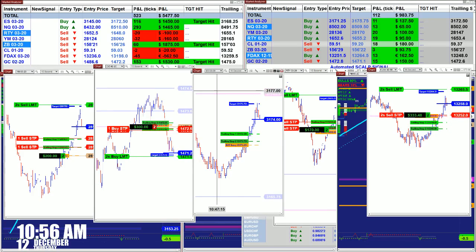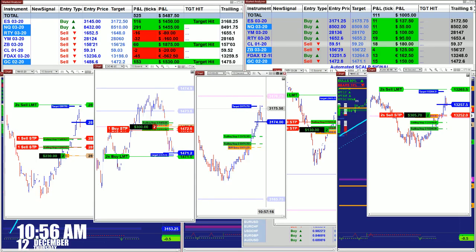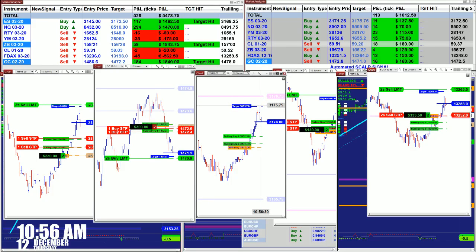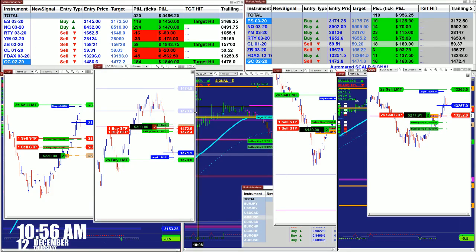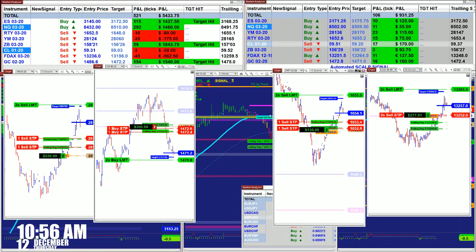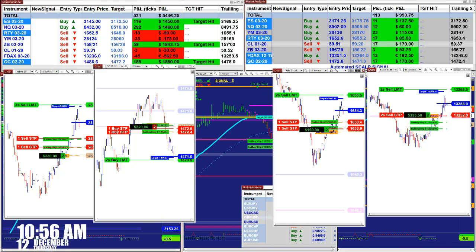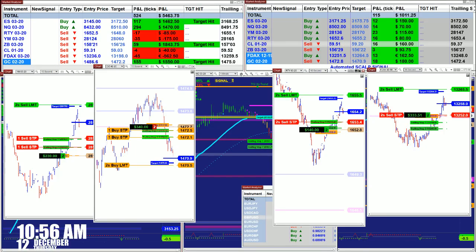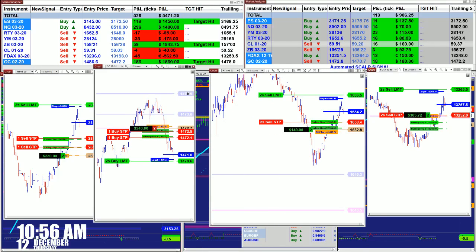And the gold, this one here is done. The ES, you see how it hit the target and the market did go down. It's finished. ES is done, and now we are on the Russell, and we are about to break even on the Russell. It's December, a lot of volatility, so I go ahead and move it to the first, and there we go.